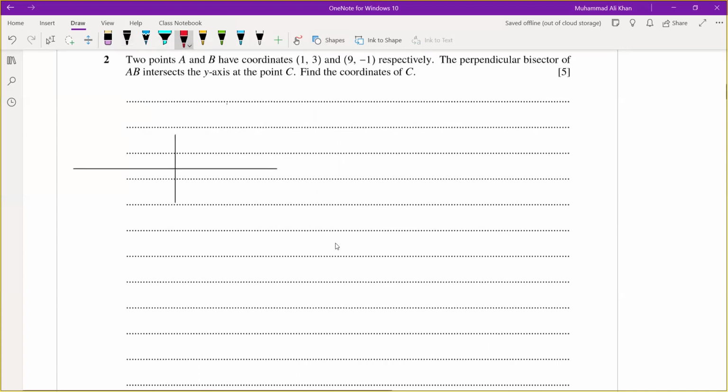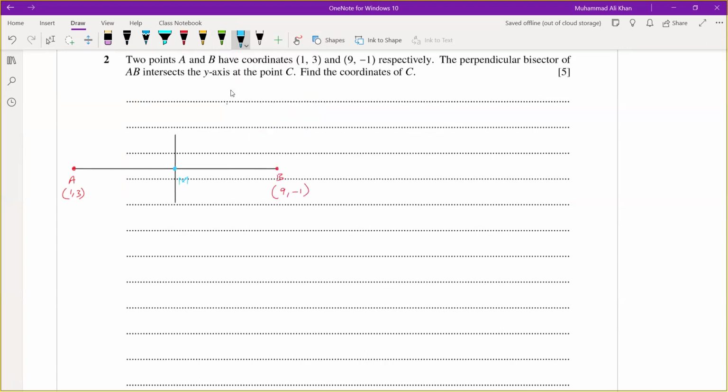Let's say this is A and this is B. The coordinates of A are 1 and 3. The coordinates of B are 9 and minus 1. We have to find the equation of perpendicular bisector. So first we have to calculate the midpoint of AB.